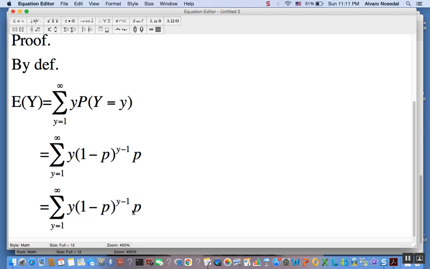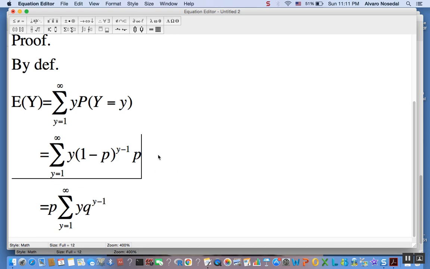So let me do that. And let me change notation again. What I'm saying is just that I will let q be 1 minus p. Okay?